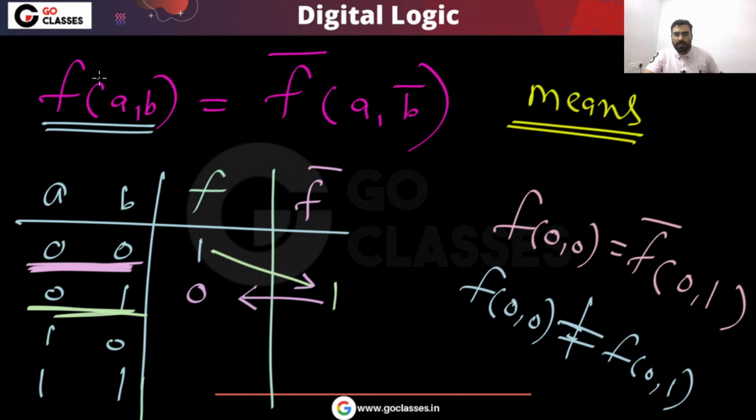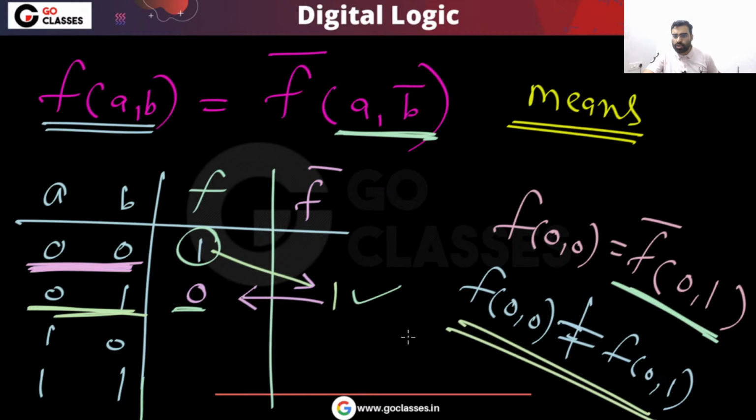Are you getting this point? If f(0,0) is 1, then f complement (0,1) should be 1, and if this is 1, then this will be 0. So f(0,0) should be different from f(0,1).